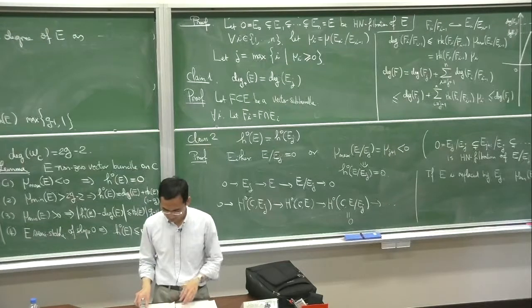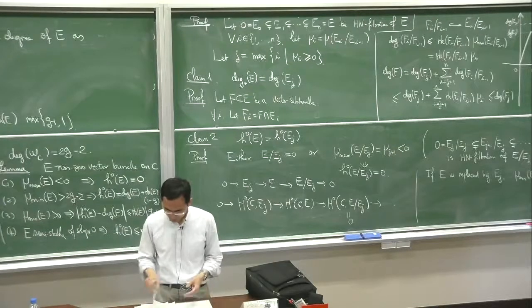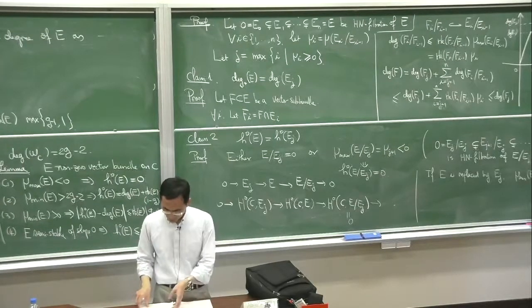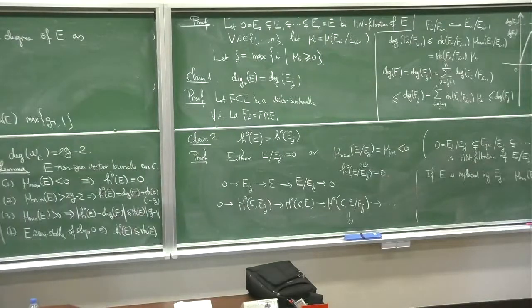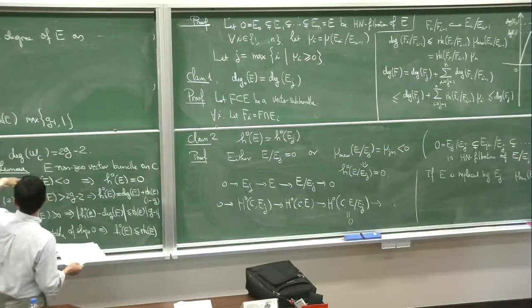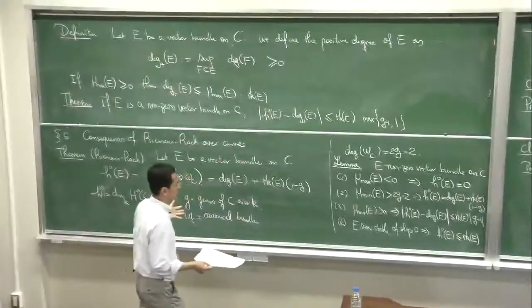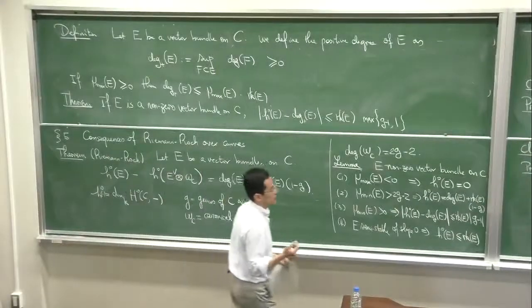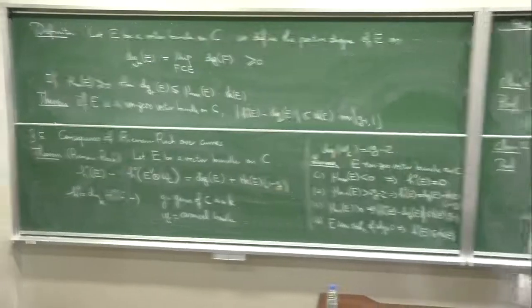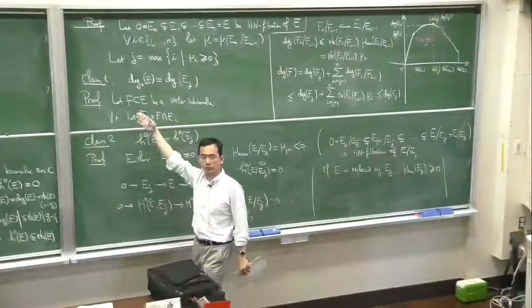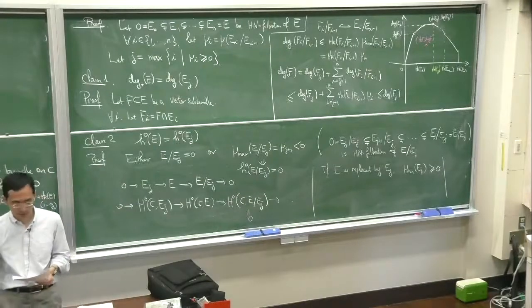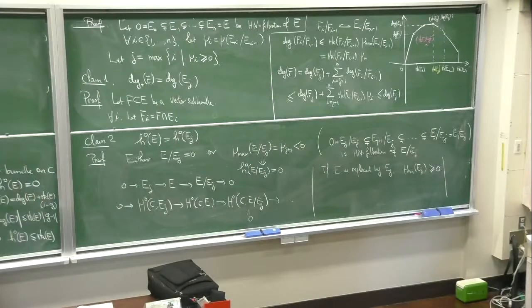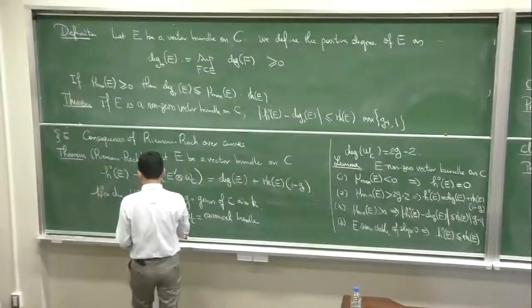So I will leave you to complete the details. So this is very important because in the general case we cannot use the definition of the classical case. So we need to use this degree plus to replace H0. So it's for this reason that I explain the details in the function field setting.